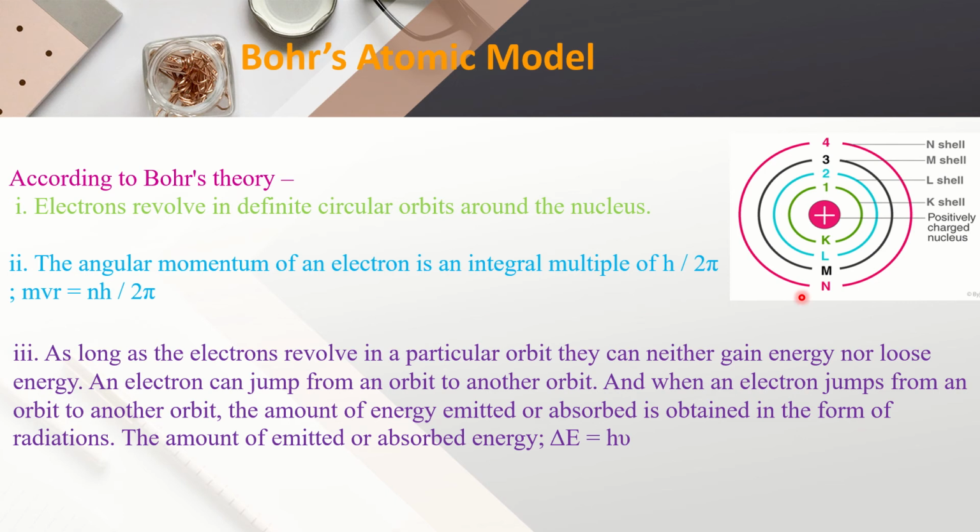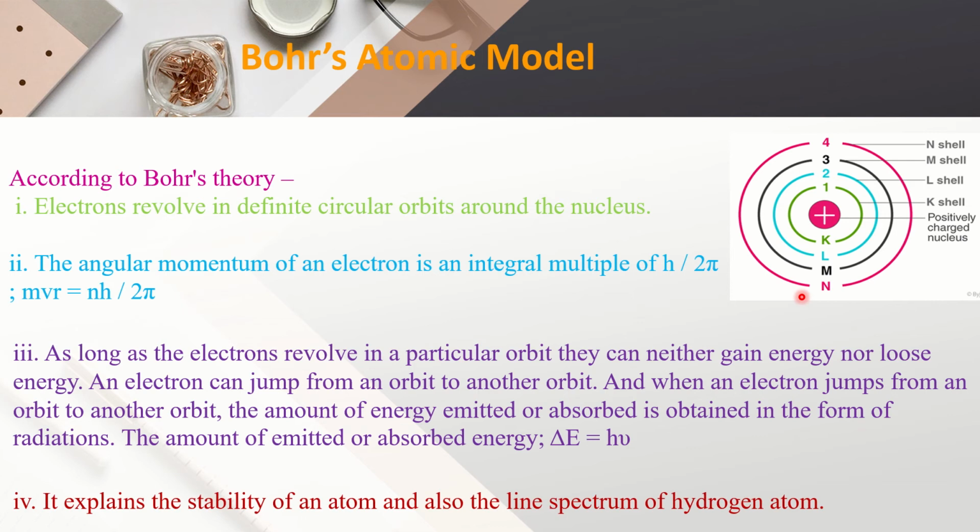The amount of emitted or absorbed energy is equal to h nu. And it explains the stability of an atom and also the line spectrum of hydrogen atom. Now, this is the gist of Bohr's atomic model.